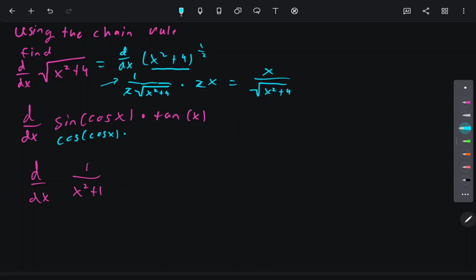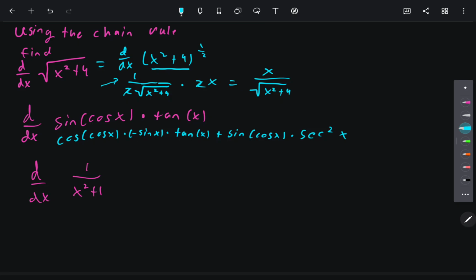The derivative of cosine is negative sine, times tangent. Plus, this first part will stay the same, so it's just sine of cosine of x times the derivative of tangent. The derivative of tangent is secant squared of x.